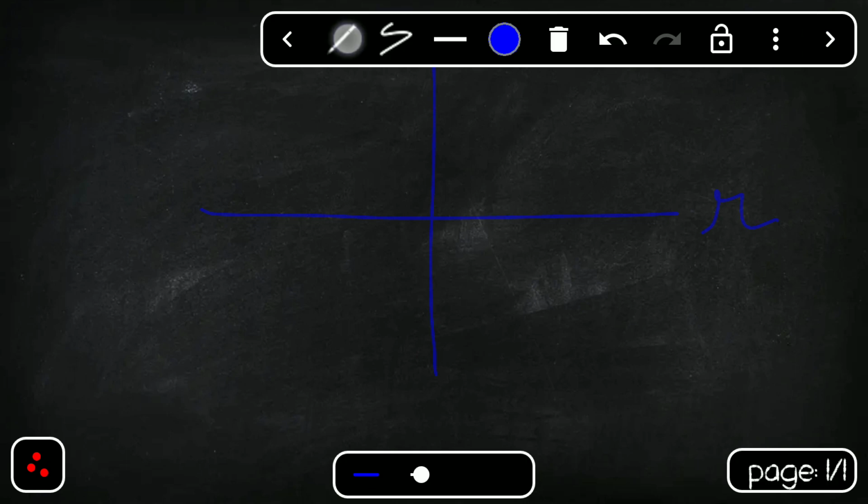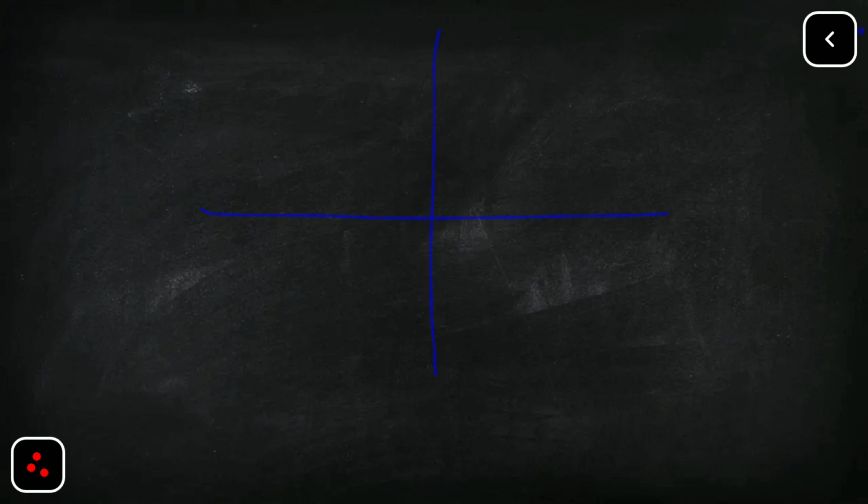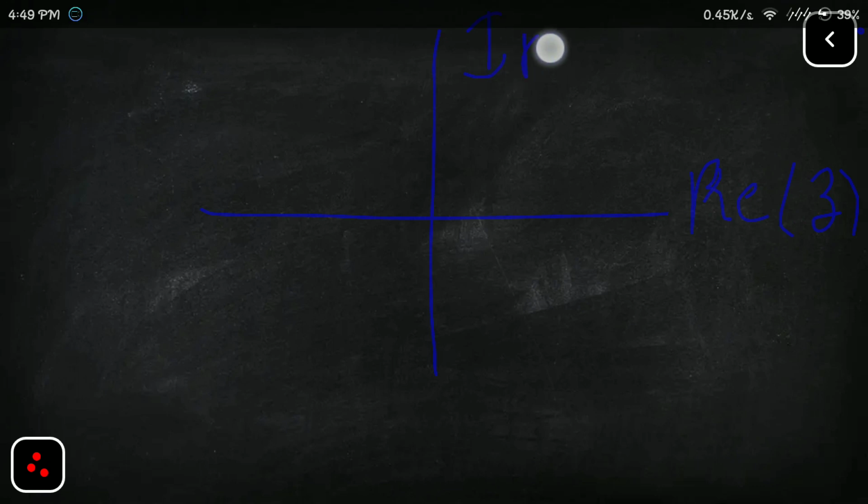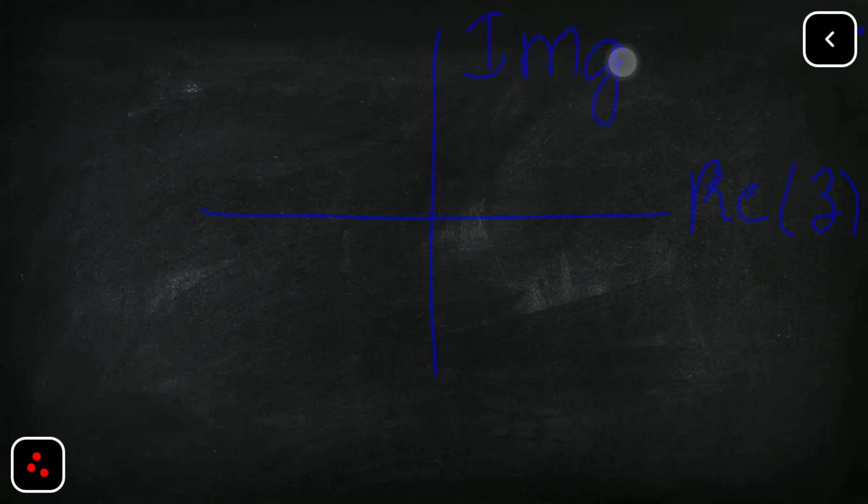This is my z plane, and this is the real part, RE of z. And this is the imaginary part, IMG of z.